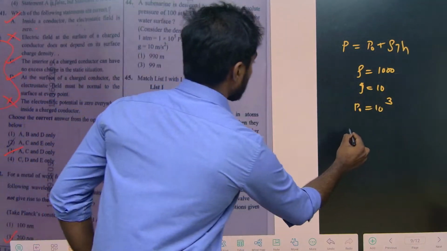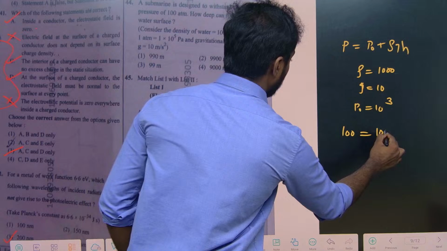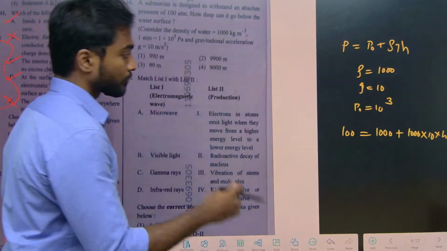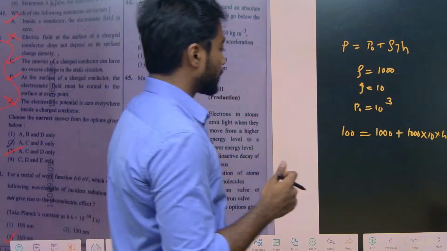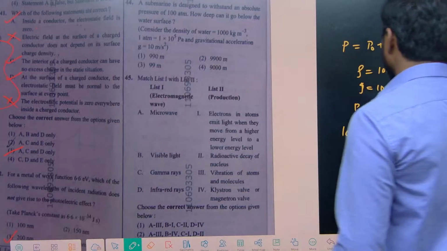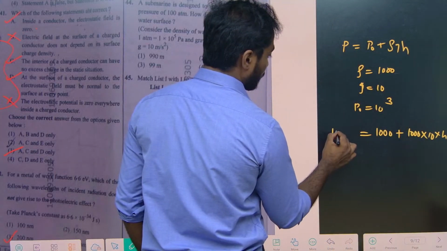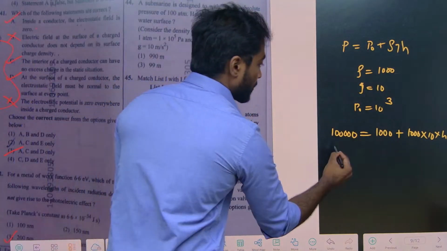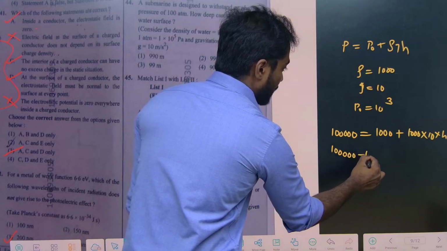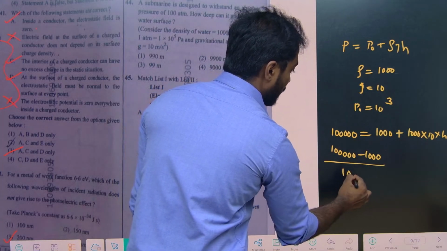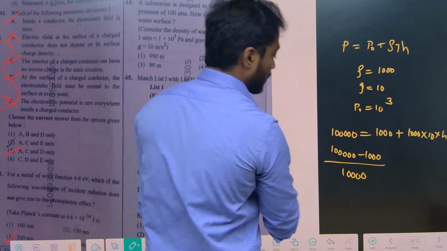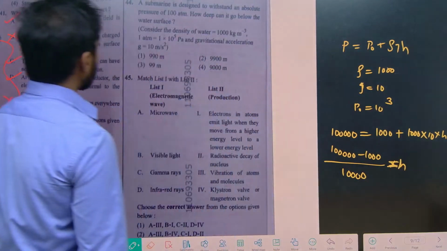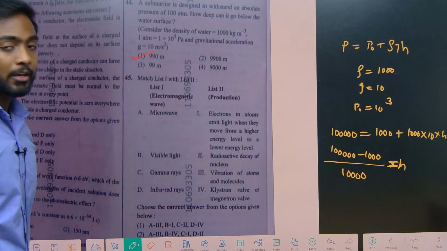Got it? So this 100 atmospheric into 10 power 5 is equal to 10 power 5 plus 1000 into 10 into h. Done. So take this 1 lakh minus 1000 divided by 10 power 4 into h, equals h. We will get that as 990 meters, 990 meters.